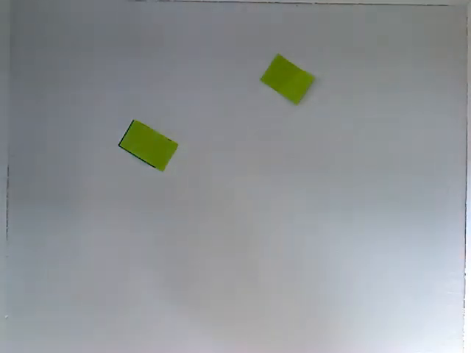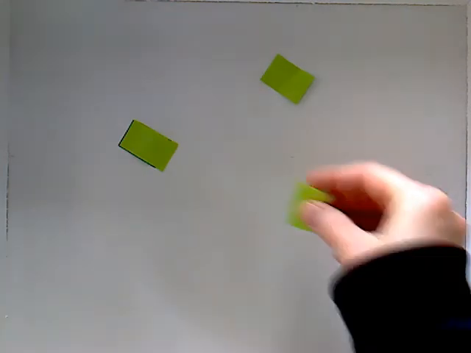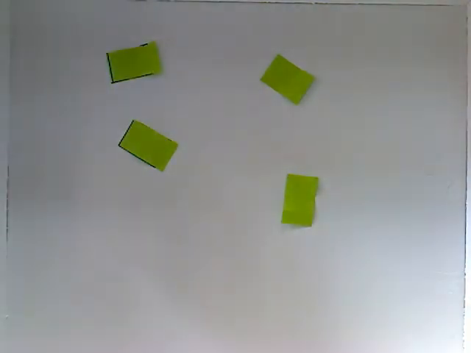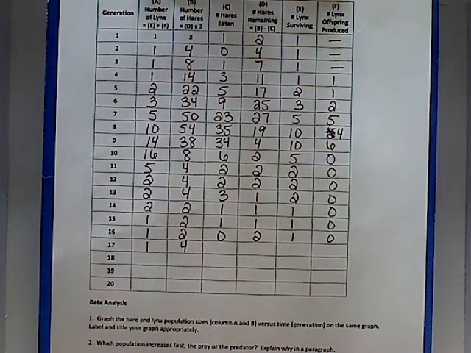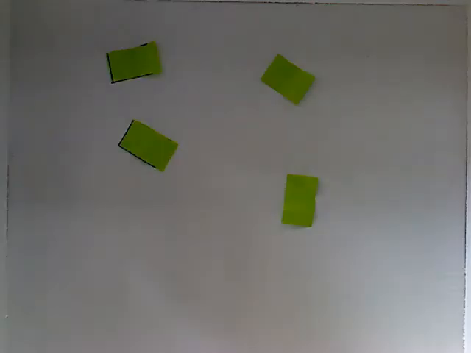So that means we're going to double the hares for this next generation. So in generation 17, we're starting with 1 lynx and 4 hares after replication. So here's our 1 lynx, and he survives but did not eat any of the hares.